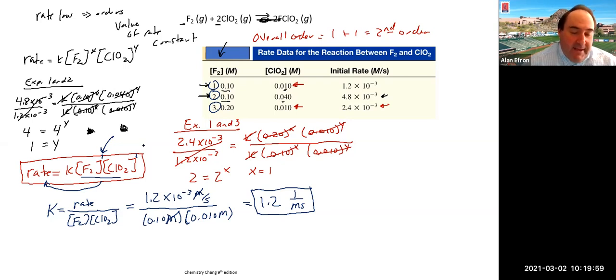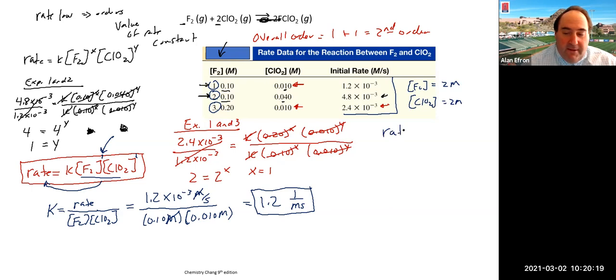So let's just say, for example, I'll just use different numbers here. Let's say that we started out with a concentration of F2 equal to 2 molar, and we had a concentration of ClO2 that was 2 molar. And if we use our rate law here, and just to keep the numbers pretty simple, I'm going to say our rate constant in this case is just 1, whatever it was, 1 over molar seconds, right?